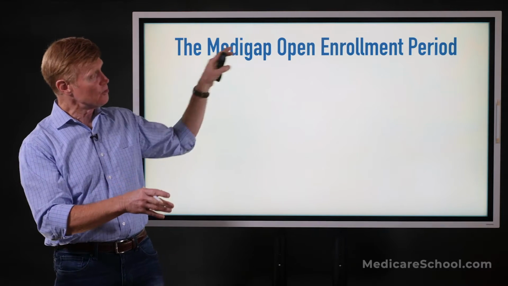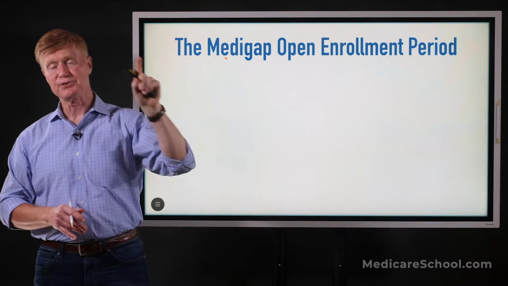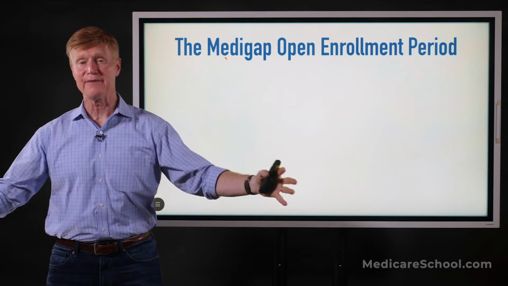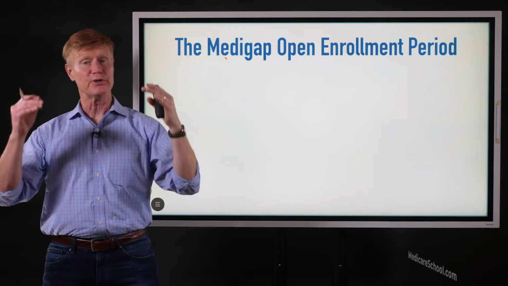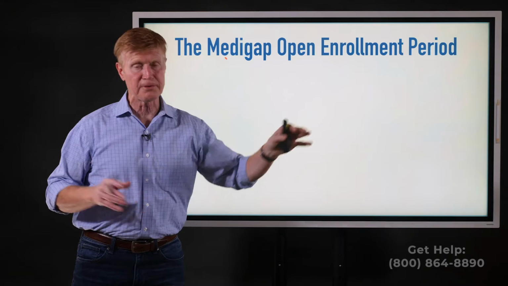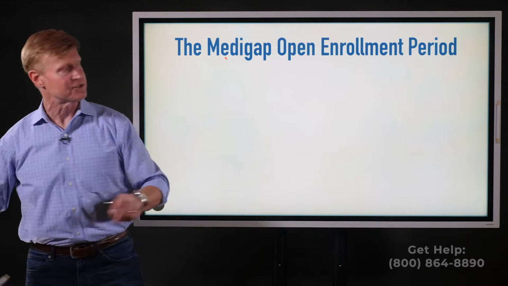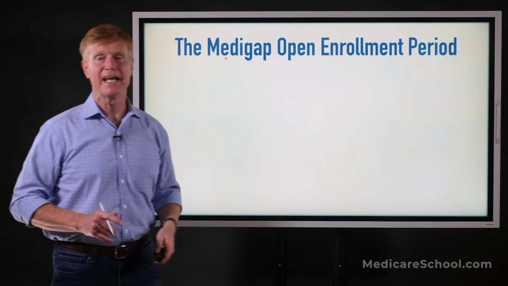Truly, it has nothing to do with what I'm talking about here, because this is your open enrollment period. This is a time when you go on Medicare where you can have any Medigap policy that you want. So don't confuse your open enrollment period with the Medicare open enrollment period. That's drug plans and Advantage plans. This has to do with you getting a supplemental plan.